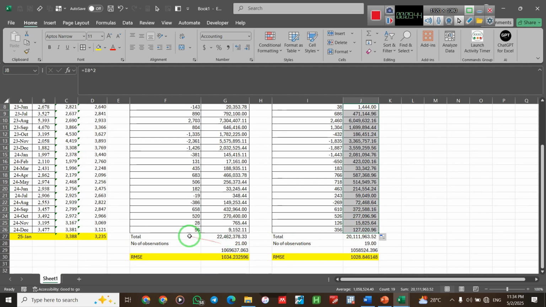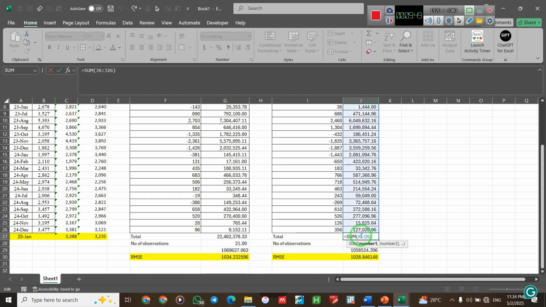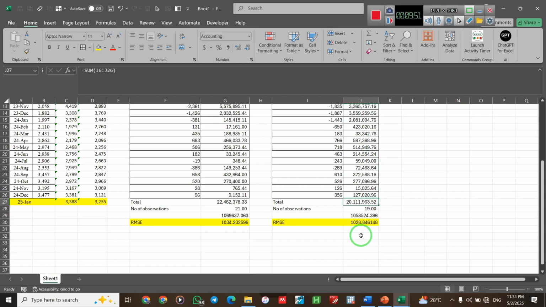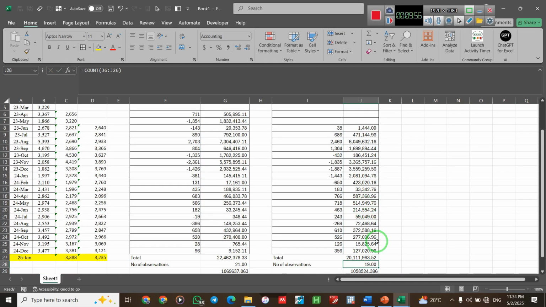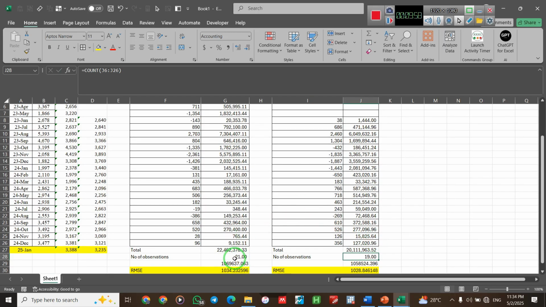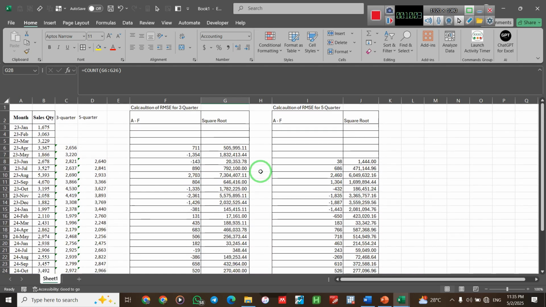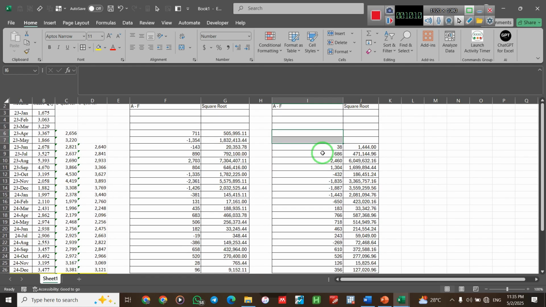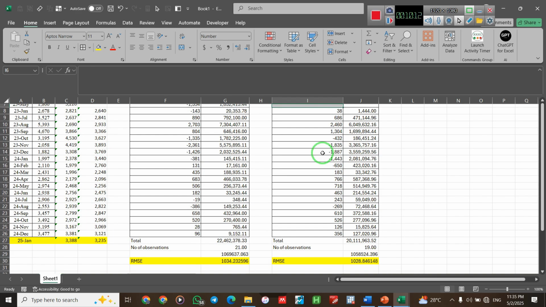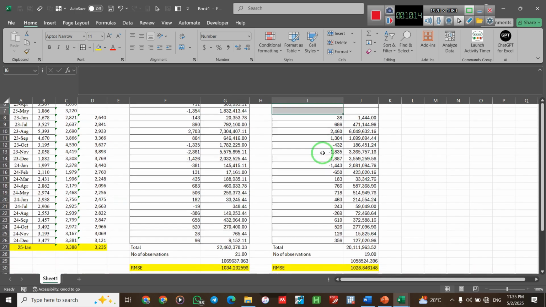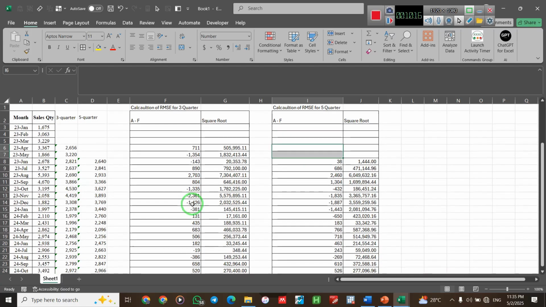Since I have copied the total area from here to here, you can see that now you get the total value of the squares, and you have your number of observations here, that is 19. Previously the number of observations was 21. Since we are now using the 5 quarter moving average, the number of observations here is less than with the 3 quarter moving average, right?